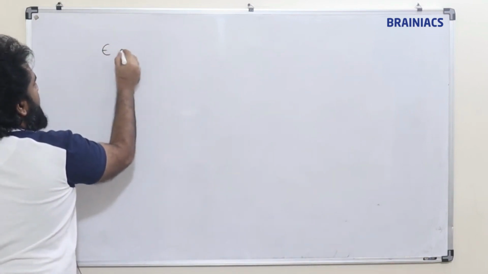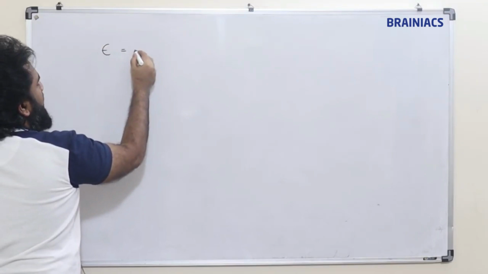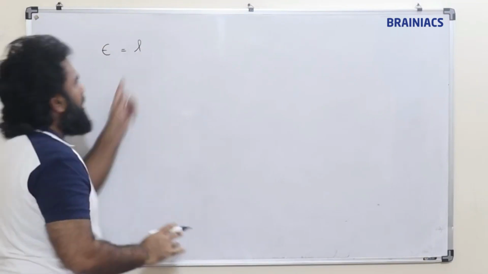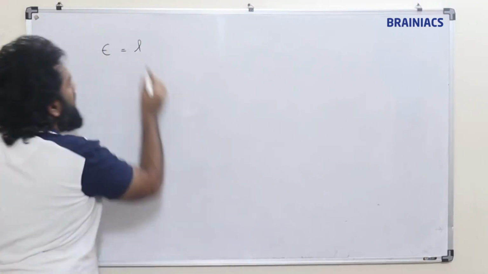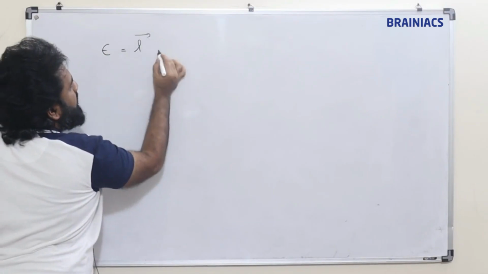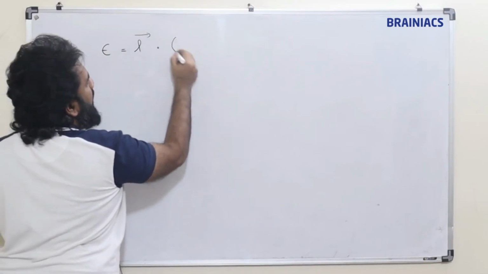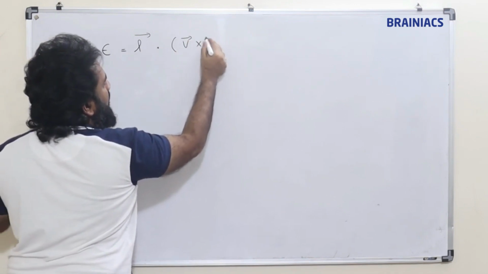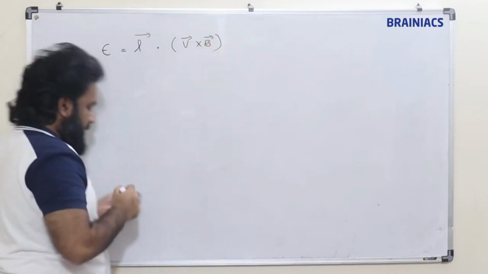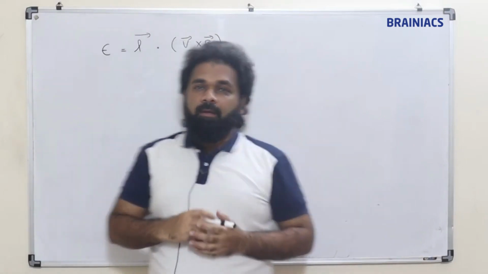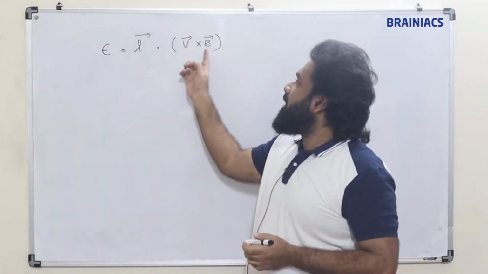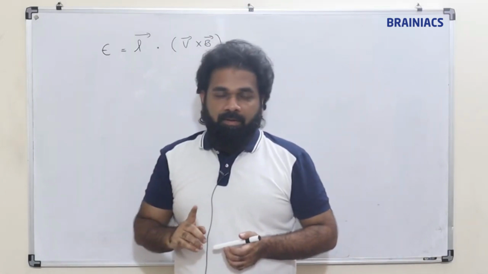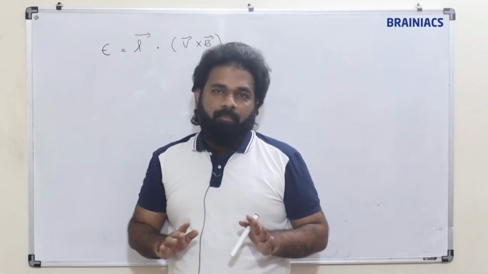So the EMF generated will be what? L, the length of the rod. L vector dot what? Velocity vector cross magnetic field vector. So the angle between velocity and magnetic field must not be 0.